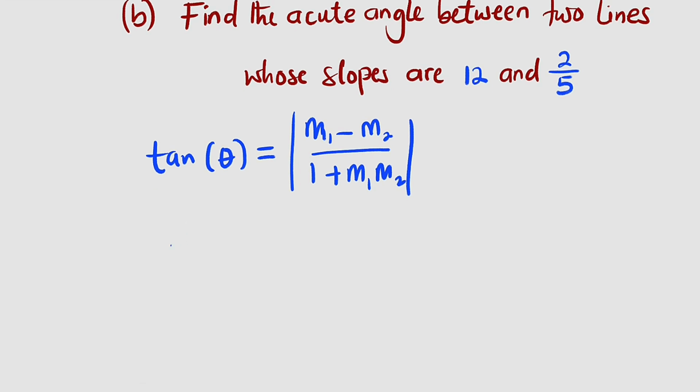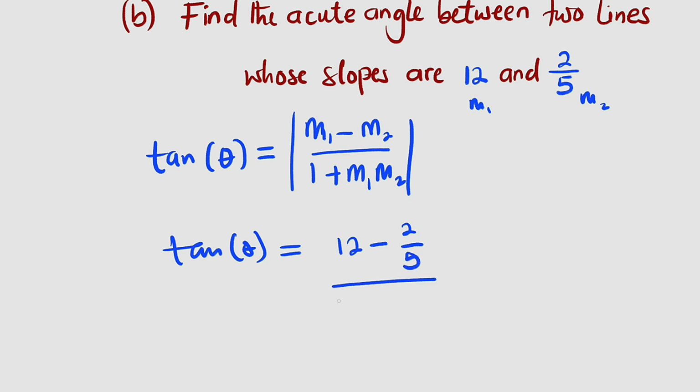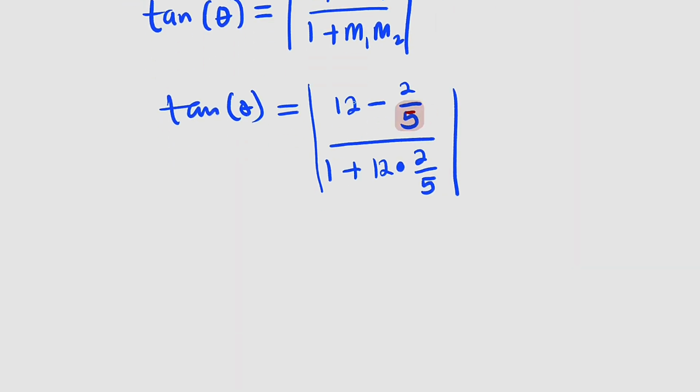Now let us substitute. Tan of the angle we're looking for is equal to, let's call this one m1, and this should be m2. Therefore we have (12 minus 2 divided by 5) divided by (1 plus 12 multiplied by 2 divided by 5) in an absolute form, right? If you take 5 and multiply by 12, you're going to obtain 60.